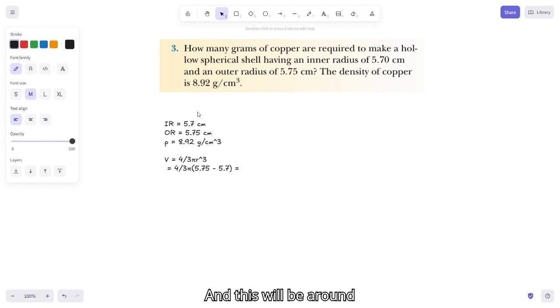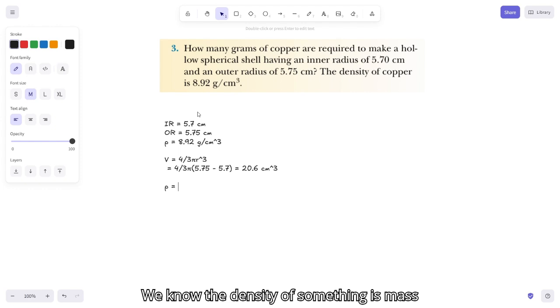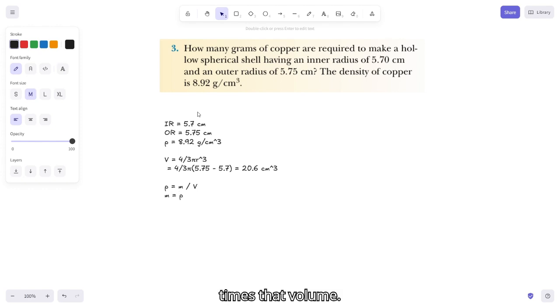And this will be around 20.6 centimeters cubed. We know the density of something is mass over volume, and the mass would be rho times that volume.